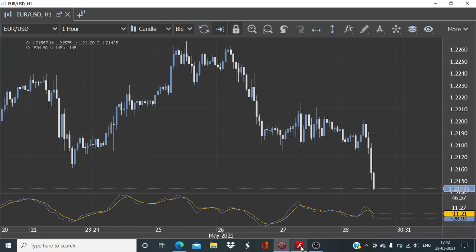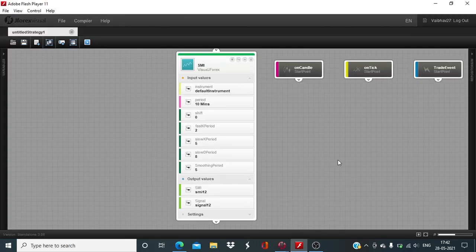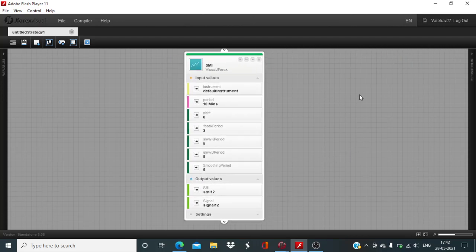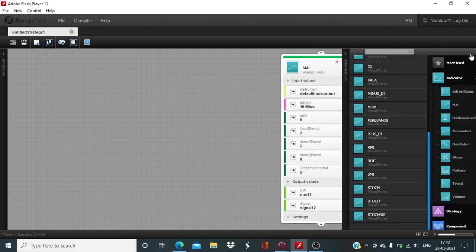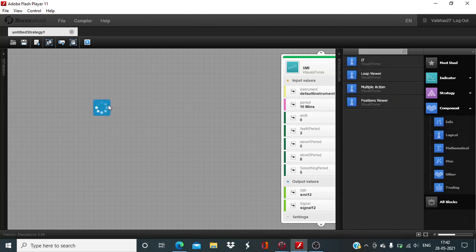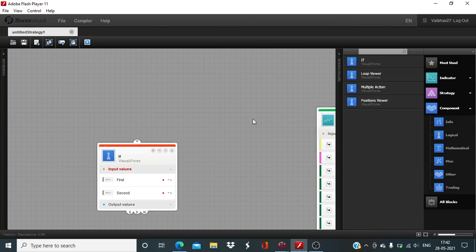So now let us go back to the Visual JForex board. First thing first, we will need to get the instrument subscription done. We are going to need a blocks.